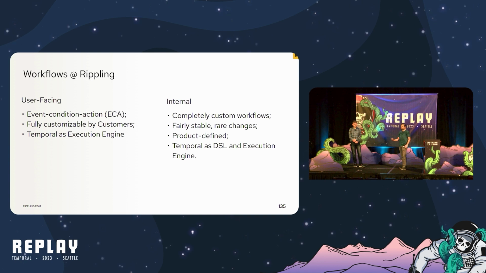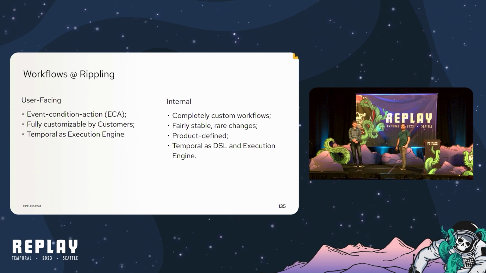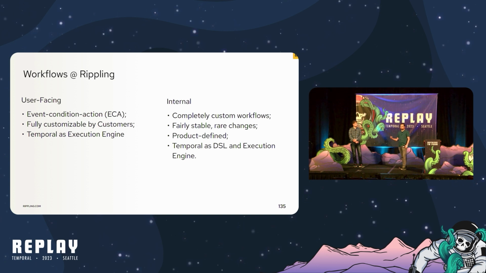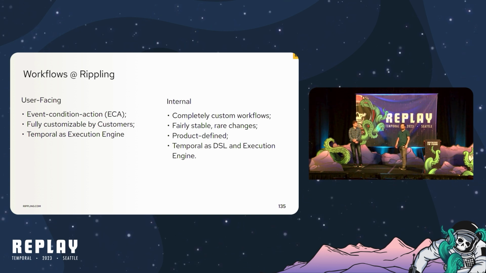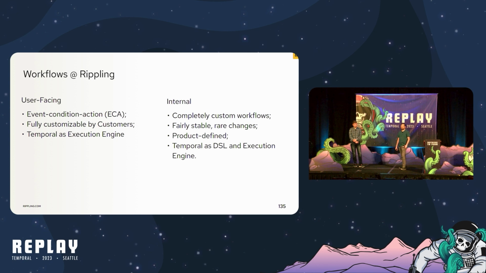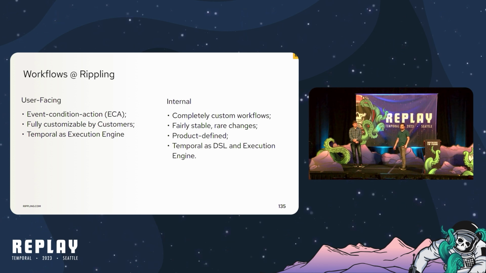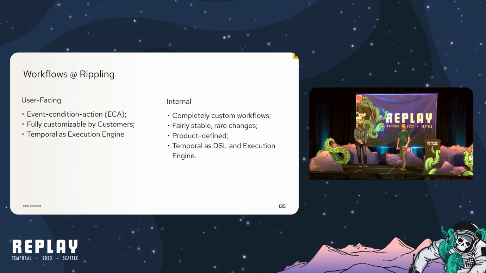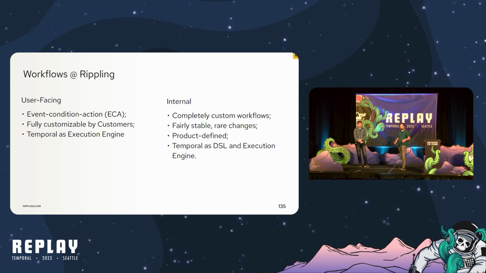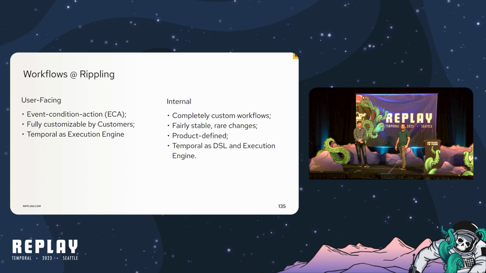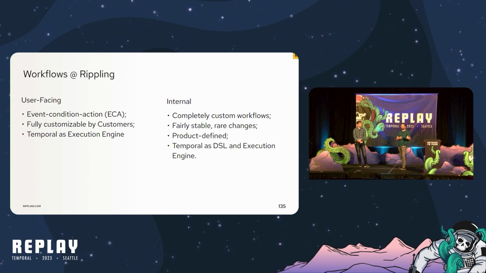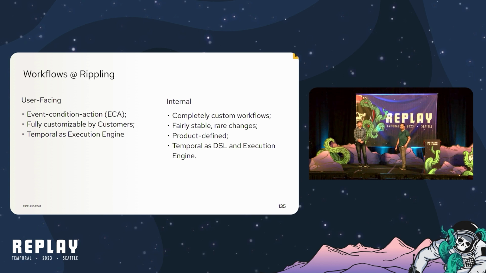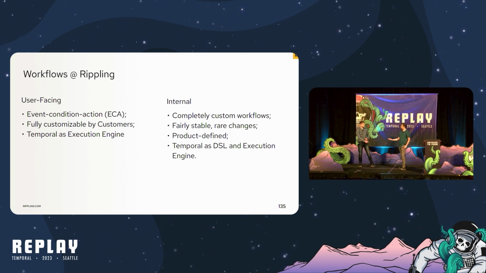These are fully customizable, and as an HR admin on Rippling's platform, you just define these conditions and actions. Behind the scenes, we use Temporal as one of the execution engines, and these user workflows translate into internal workflows.